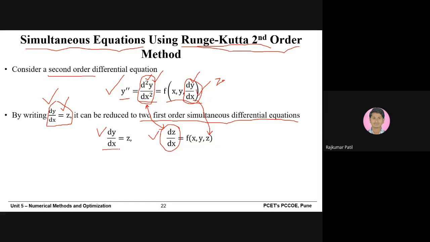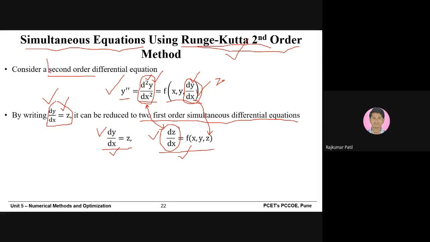This will be your equation number 1, and this will be your equation number 2, and both equations are first order ordinary differential equations, and they are simultaneous equations, and you can solve them by using Runge-Kutta second order method. So once again I will repeat the process.